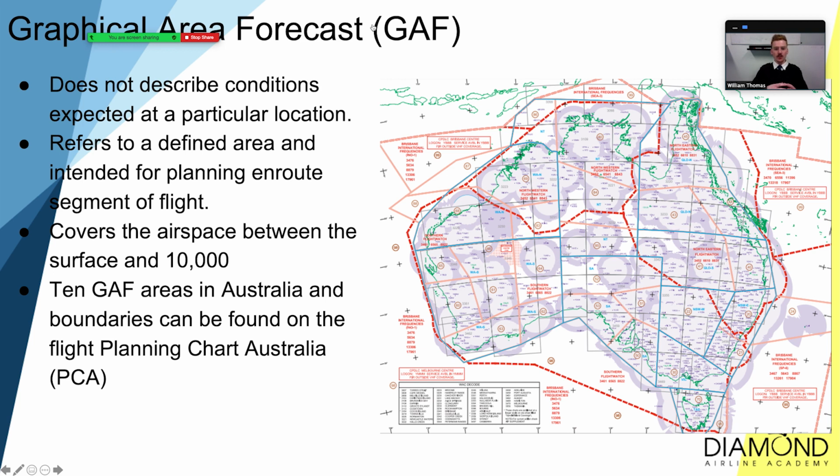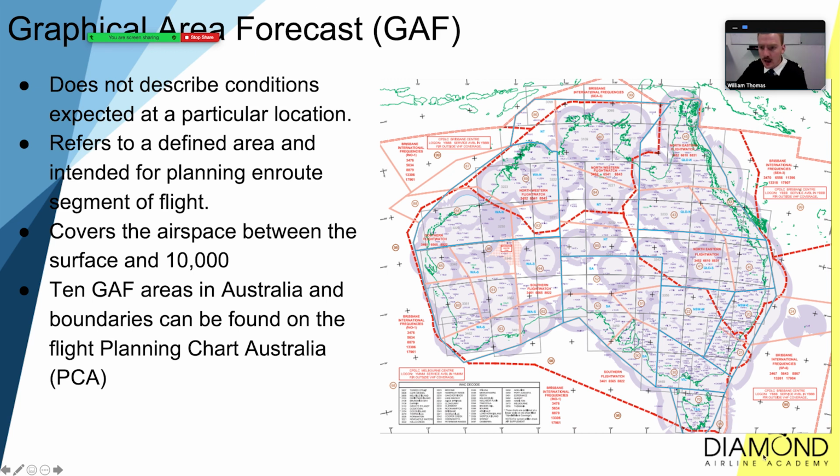It refers to a defined region which we may fly through when flying from our departure aerodrome to our destination aerodrome. It covers the airspace between the surface and 10,000 feet. There are 10 graphical area forecast regions in Australia, and the boundaries can be found on our planning chart, Australia.